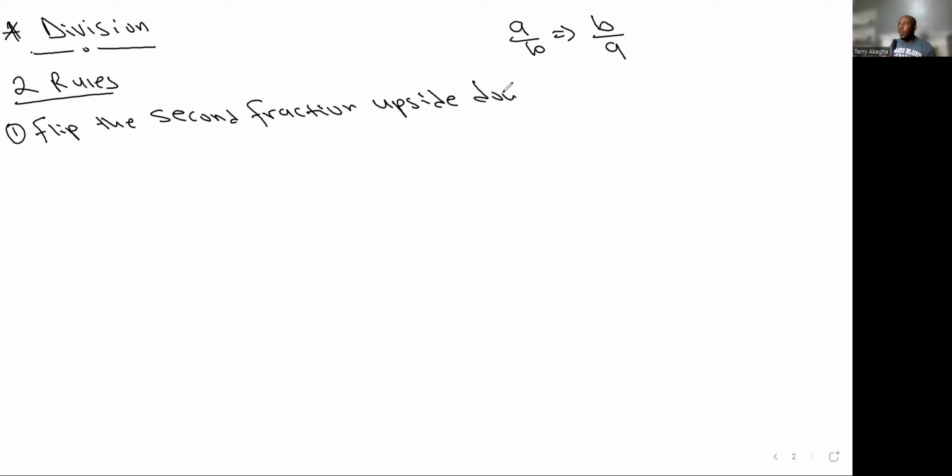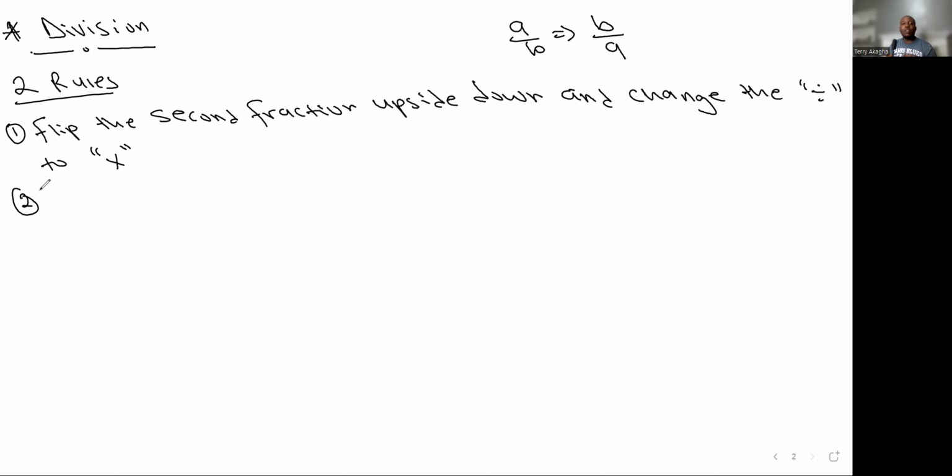And not only that, when you flip it, you then have to change the division sign to a multiplication sign.